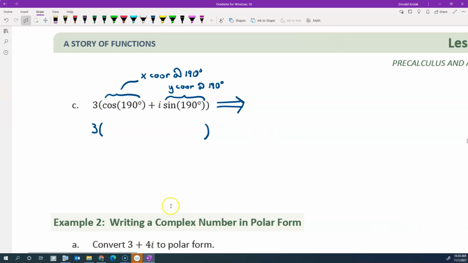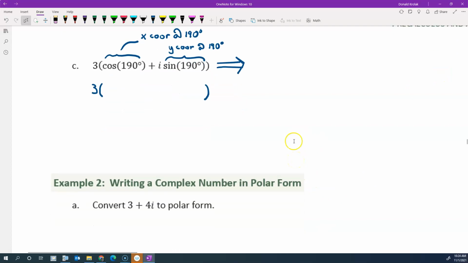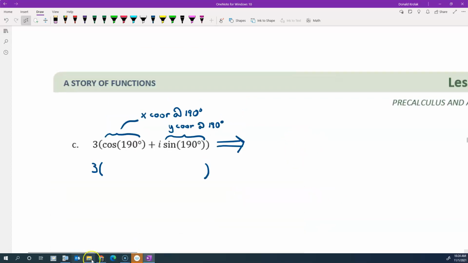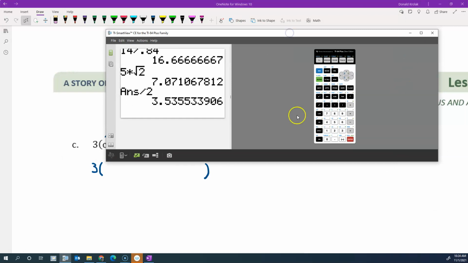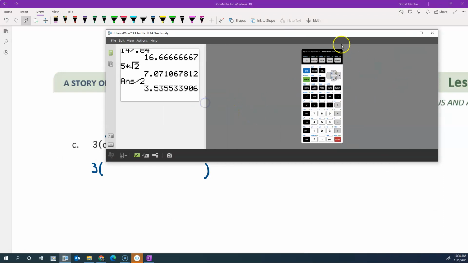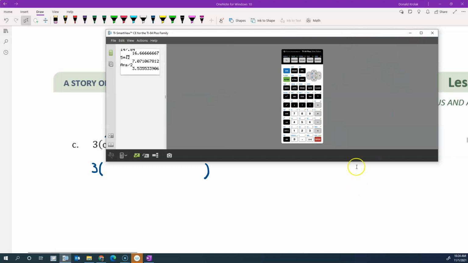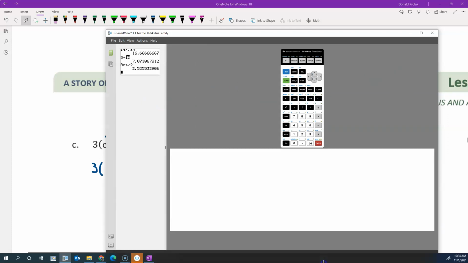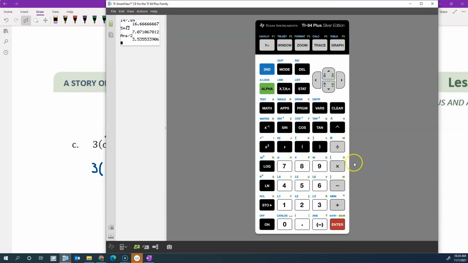If I was using my phone, you have to be sure that you're in the right mode. When you do this on your calculator, I'll show you what I mean. I'm going to do it on the graphing calculator. So here's where you got to be sure you're in the right mode.